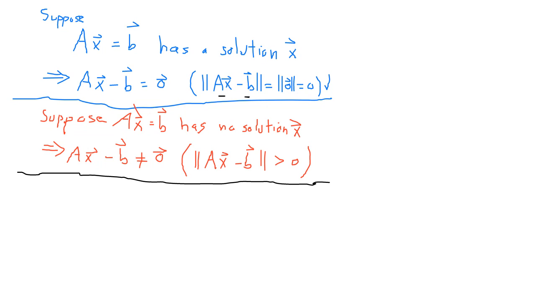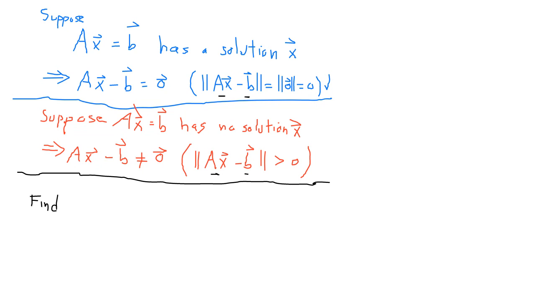Well, if we don't have a solution, then we know the difference between the vector Ax and the vector b is greater than 0. So since 0 is ideal, what we want to do is find a vector x that minimizes the distance between the vectors Ax and b.